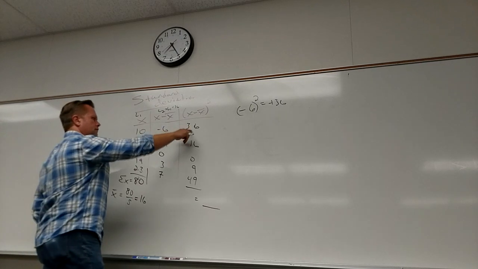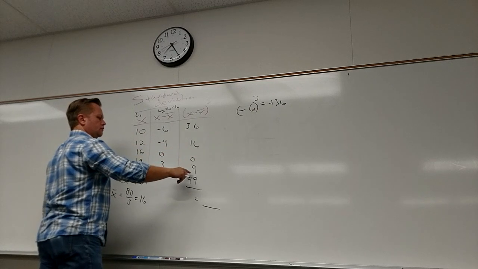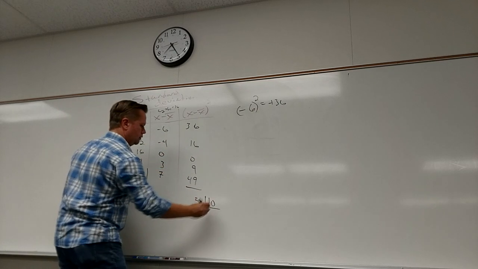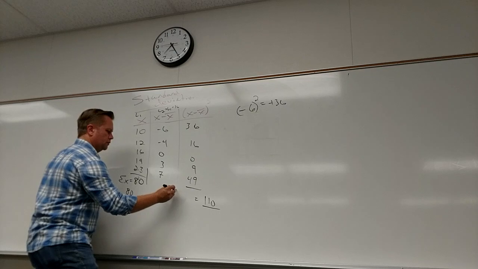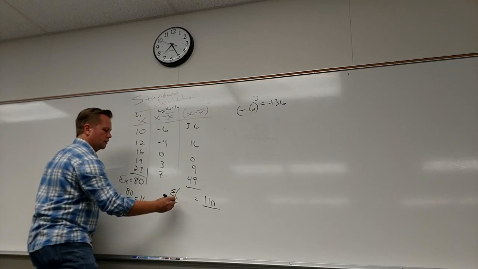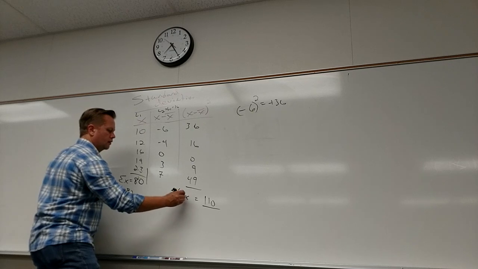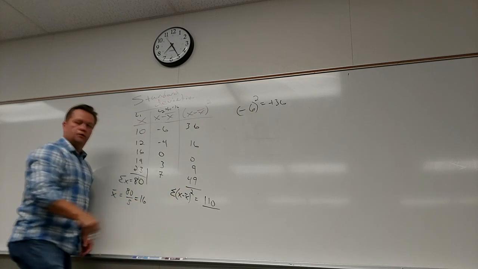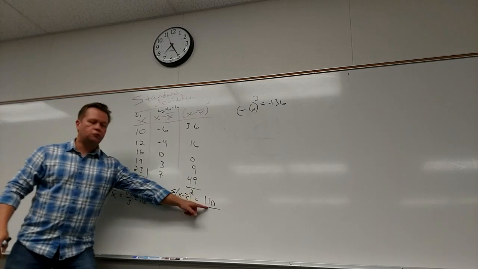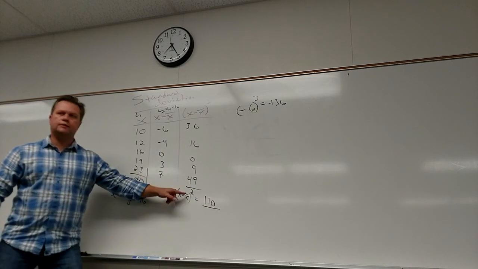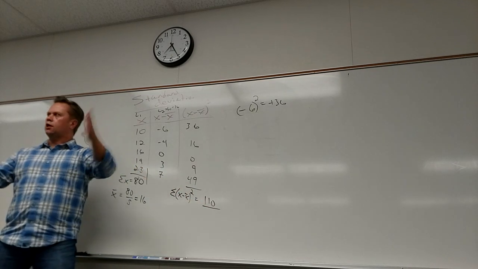So what do you get when you add these up? 110. Yeah, 110. And what is that in symbols? Now you can say it. So this thing equals 110. So anywhere I see this thing, I can replace it with 110.